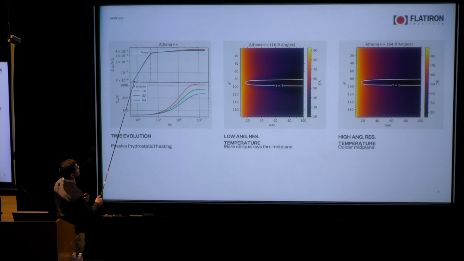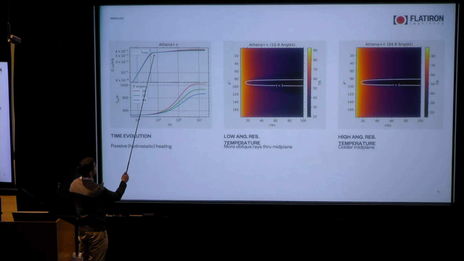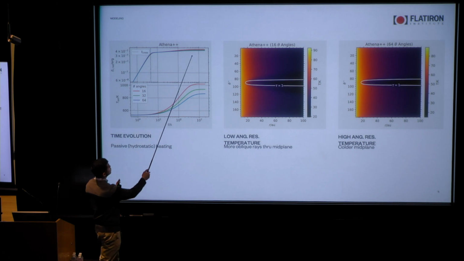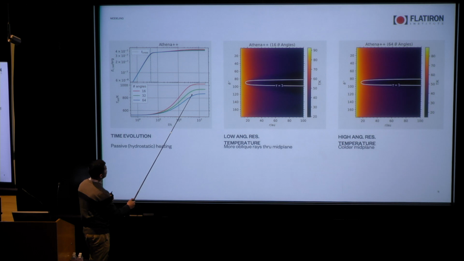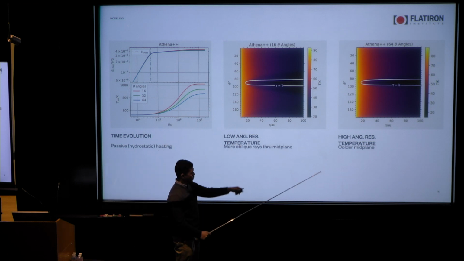As a function of time, if we look at, for example, the total mean radiation energy density in the system, it increases steadily as the radiation passes through the entire domain until it reaches the light crossing time, at which point the increase in the radiation energy density becomes much slower until reaching some saturated state. In the bottom panel, showing the total temperature of the system, the system reaches some thermal equilibrium, at which point we can produce snapshots here showing, for example, a lower and higher angular resolution.